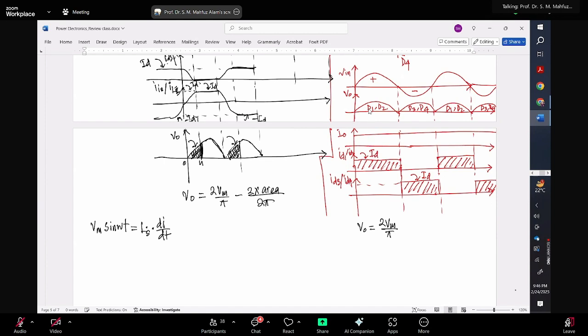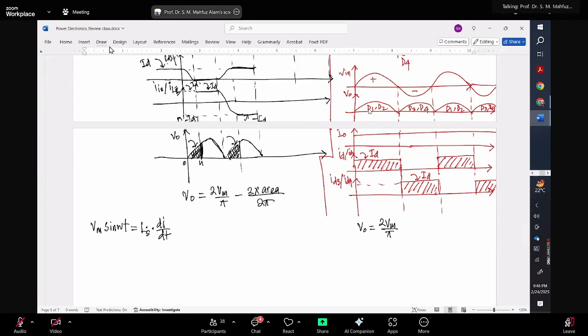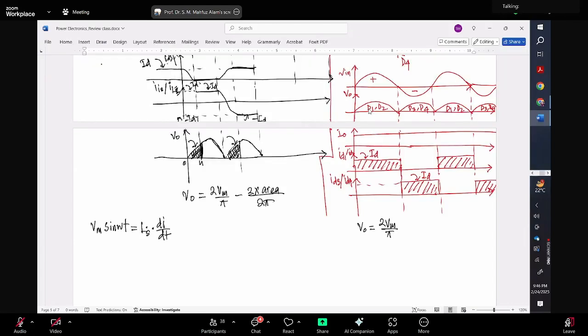Okay, we made one mistake here. The output here would be minus ID to plus ID, something like this, not from here. Again, if I write it down, Ls multiplied by omega, then it would be di over d omega t.